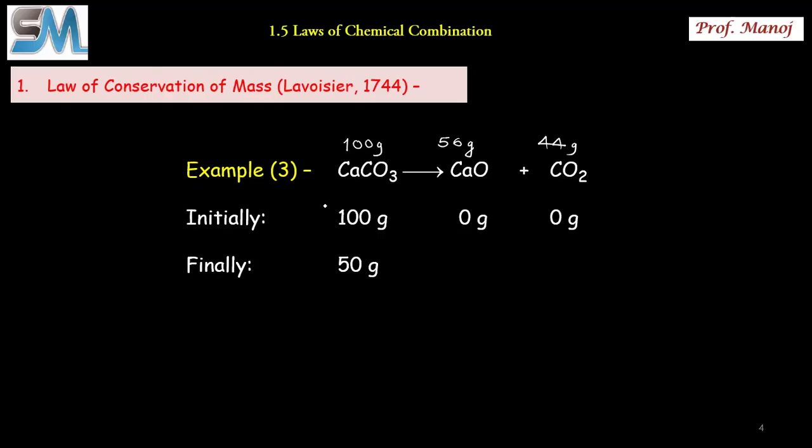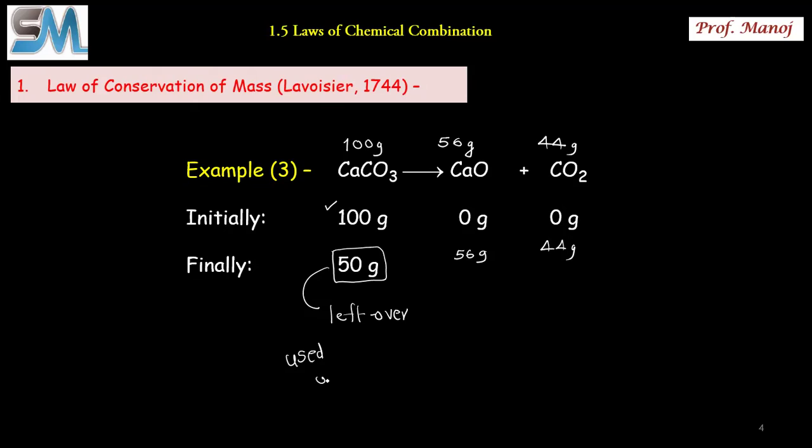So you can see initially 100 gram is taken. So how much is expected over here? You are supposed to get 56 gram and 44 gram. But if you see how much is leftover mass here, this is the mass leftover. So I hope you can understand how much is used up.